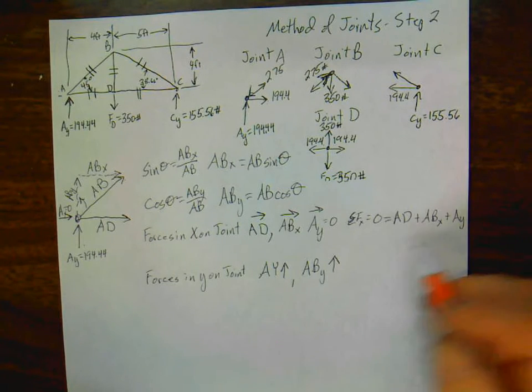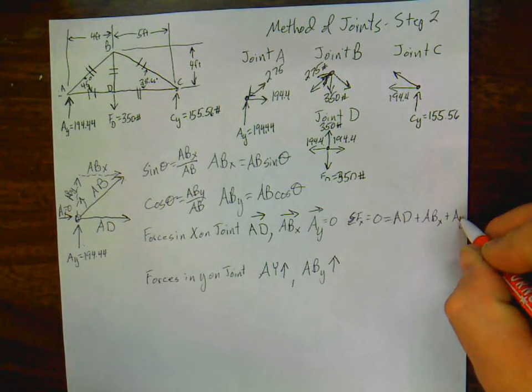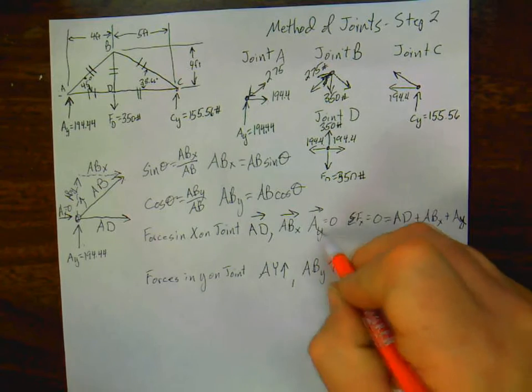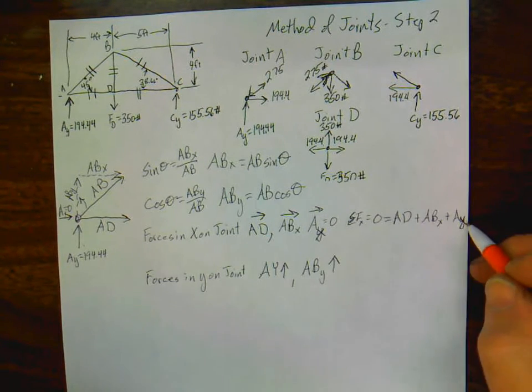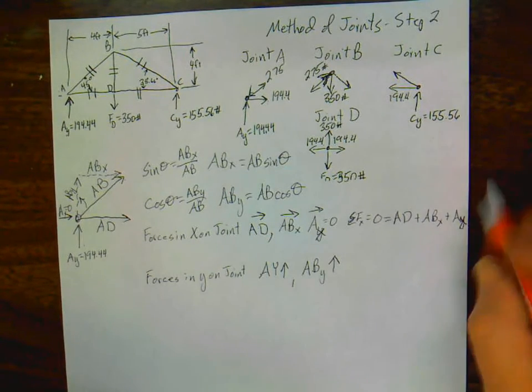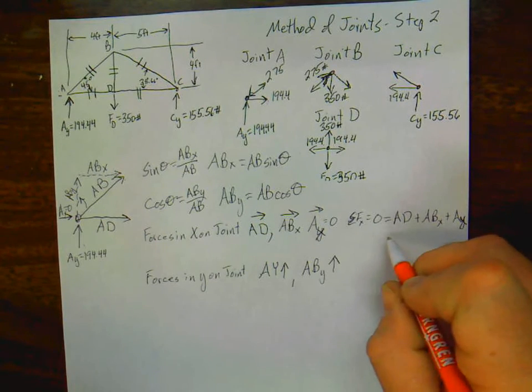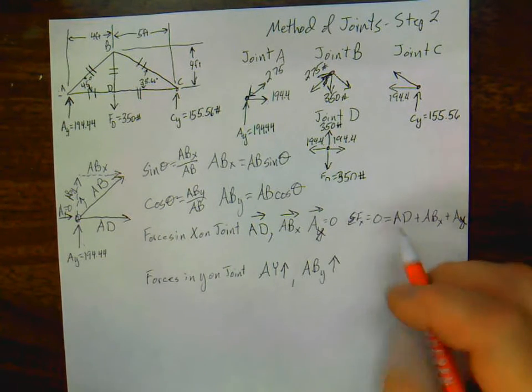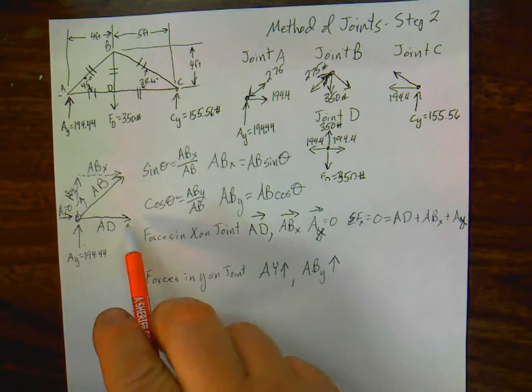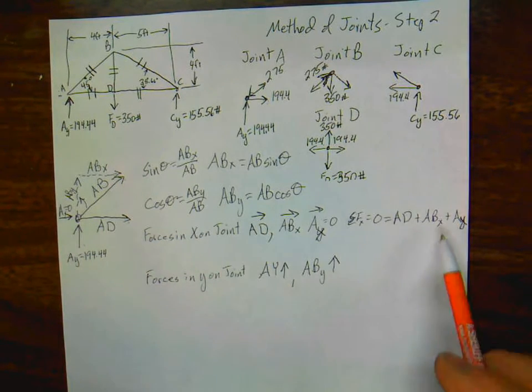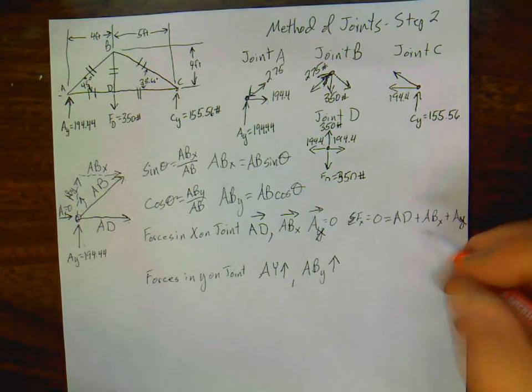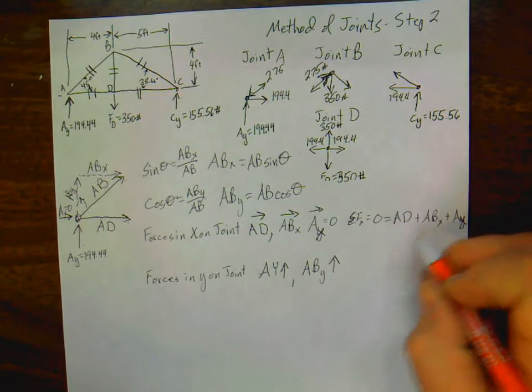We already determined that AX is 0, so we can eliminate that. AD, we don't know yet. And ABX, we're going to replace with AB sine of theta.